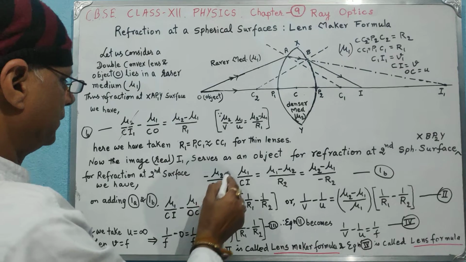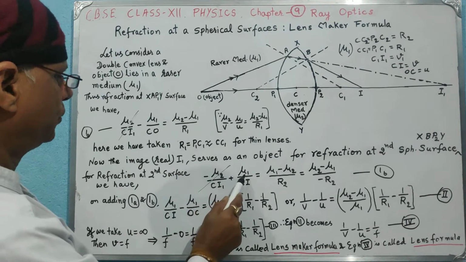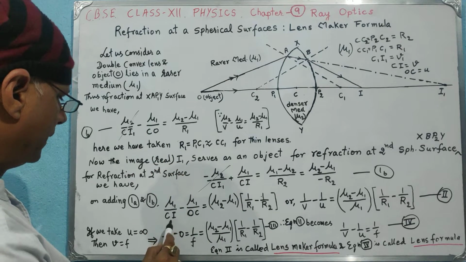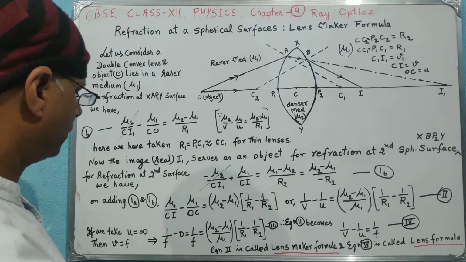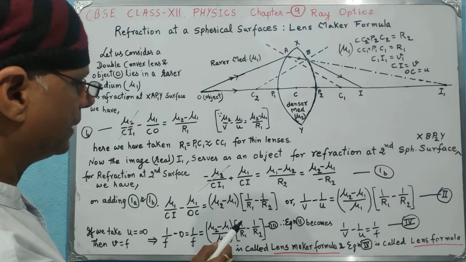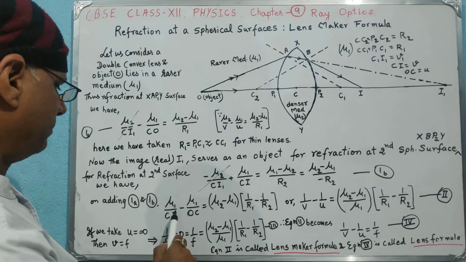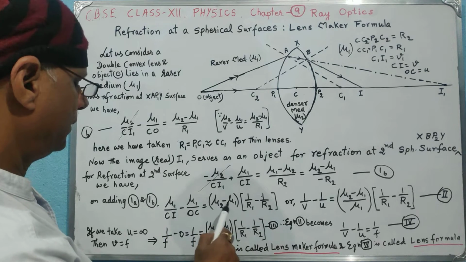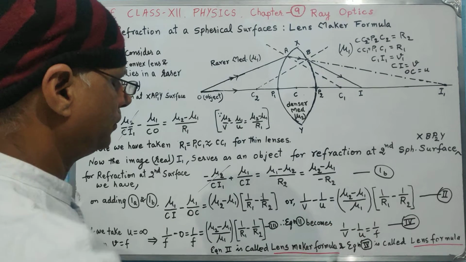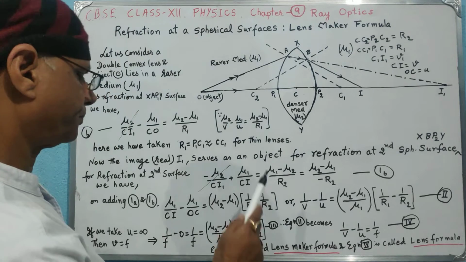So now we are left with mu1 by CI minus mu1 by CO, or OC, and mu1 is taken common and moved to the right hand side, so we get 1 by CI minus 1 by OC equal to mu2 minus mu1 divided by mu1, and this factor remains there, 1 by R1 minus 1 by R2.